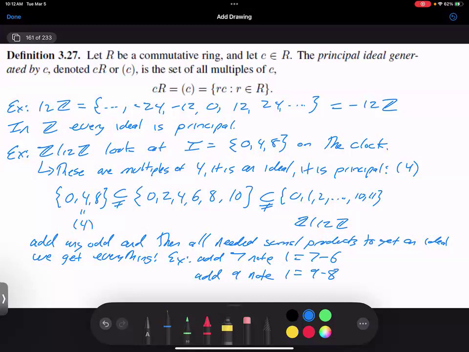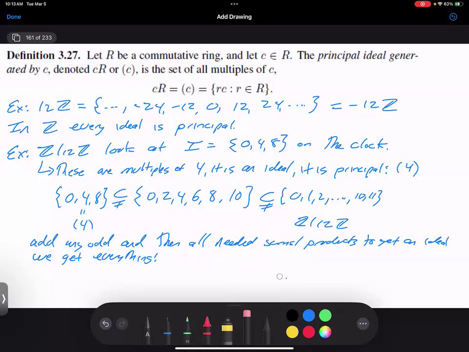I'm not allowed to use 6. Right? Sorry. Because we have the ideal of 0, 4, 8, not 0, 2, 4, 6, 8. So how can we show that we can do 7? I'm sorry. If we add 7 and we have 6, I can't do that.